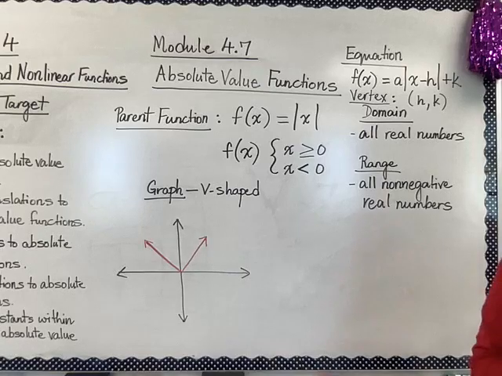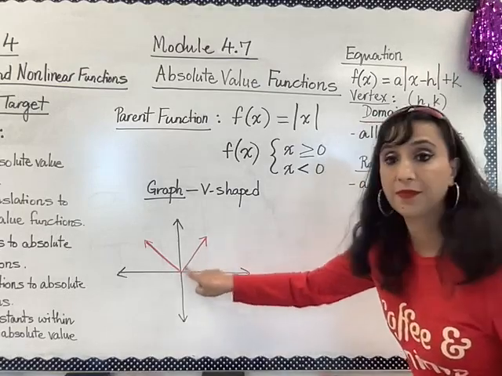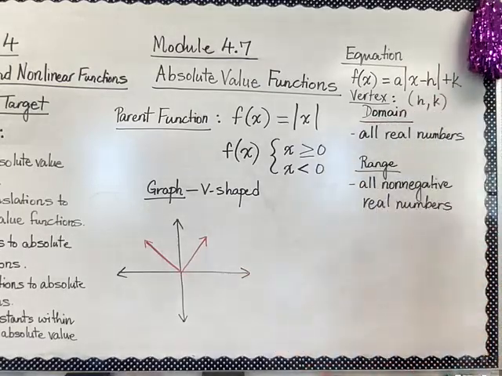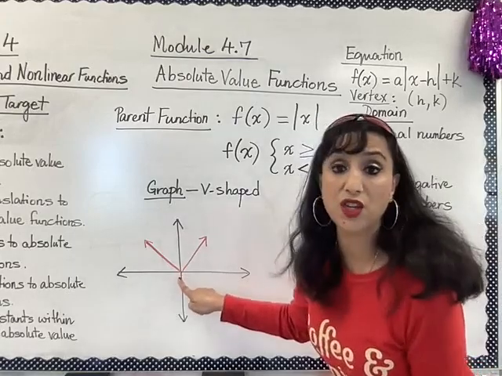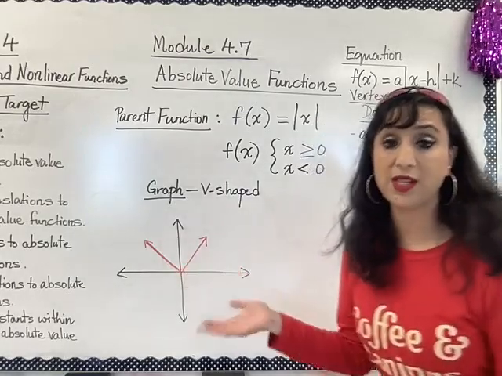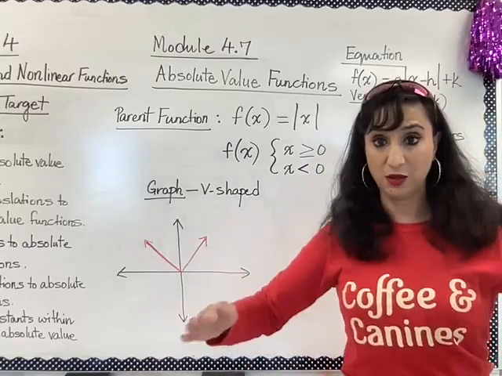And the vertex here is either the lowest point or the highest point of a function. For the parent function, y is equal to absolute value of x. As I said, the vertex is the origin, which is 0, 0. So it's the lowest point, but it can also be the highest point if it is graphed this way.